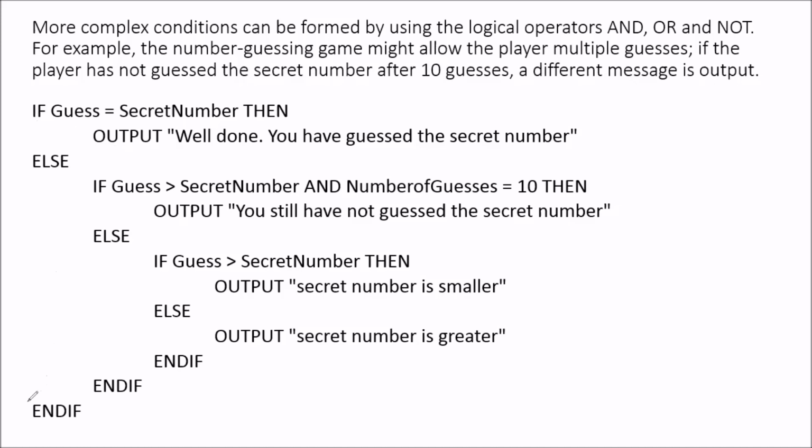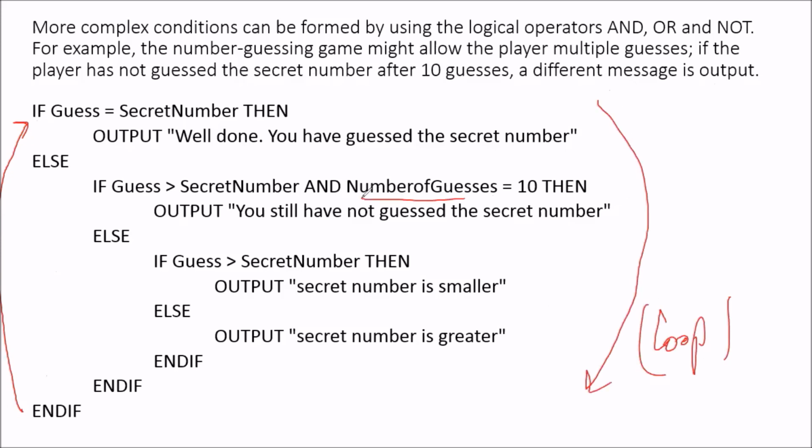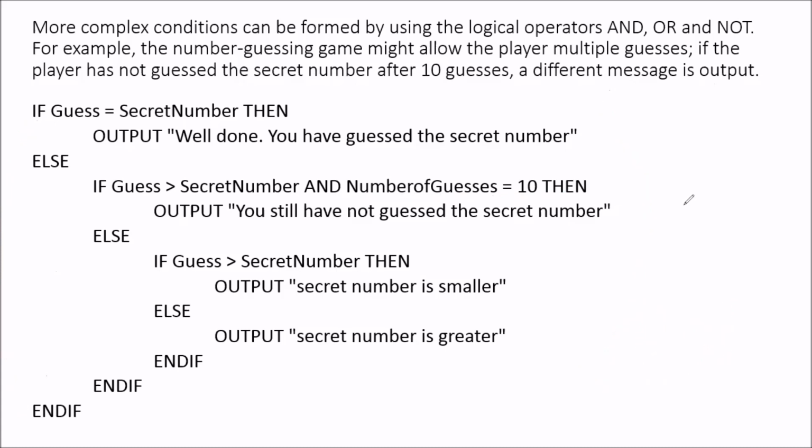So this complete if can be used again and again in a loop structure. Because it's 10 guesses, we have to repeat this condition again and again. We're going to get inside a loop. We haven't done loops yet, so this is just to see how the AND operator is working.